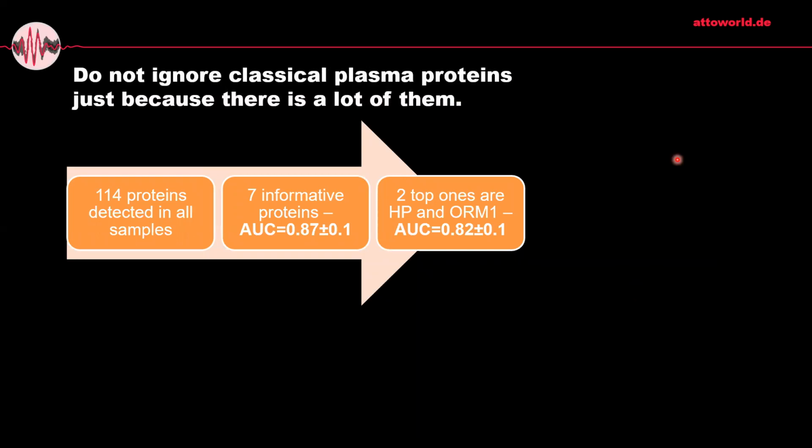And the 7 most important proteins in terms of differences between cancer and control provided an AUC that was not higher, within error bar, than what we see in our simple infrared measurement. The 2 most informative ones were haptoglobin and alpha-1 acid glycoprotein, which combined provided already rather good AUC.